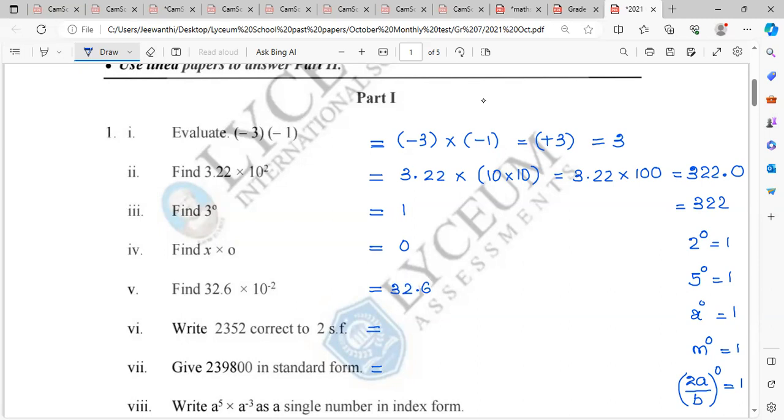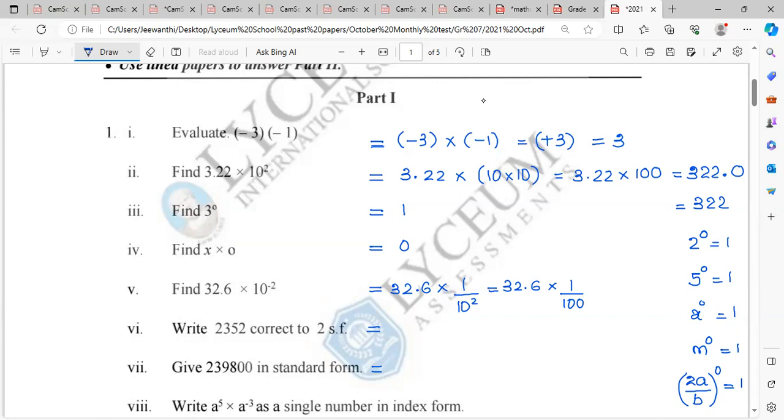32.6 times 10 to the power -2. 10 to the power -2 means 1 over 10 to the power 2, right? First of all, you want to convert the negative index into a positive index. So then you can write down 32.6 multiplied by 1 over 100, because earlier we learned that 10 to the power 2 means 10 times 10, and 10 times 10 means 100.